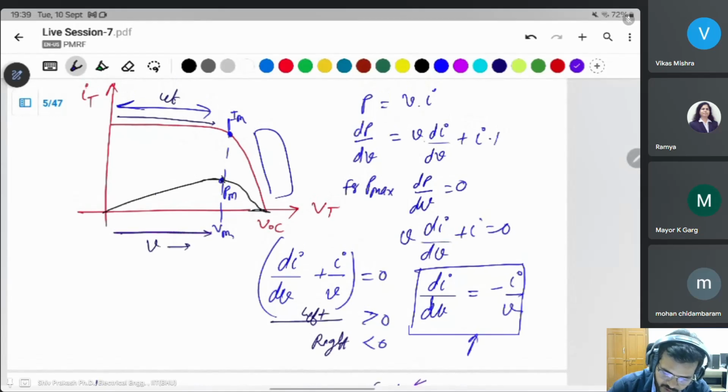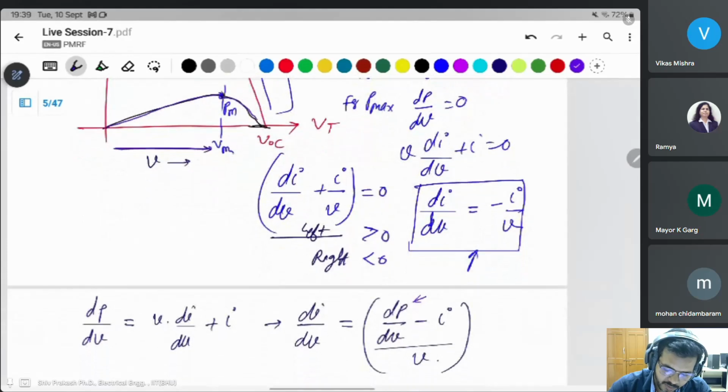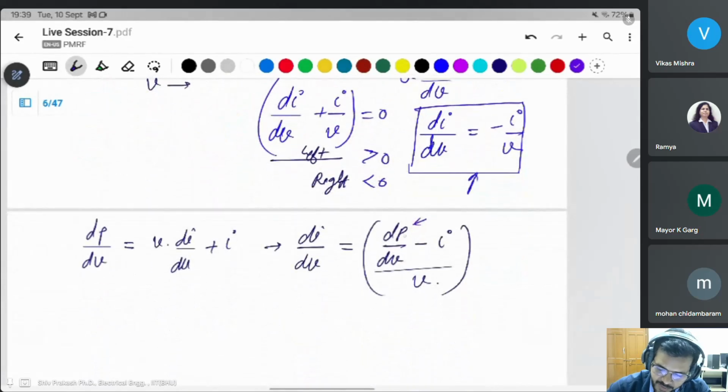From here to here the voltage increases and power also increases at the left side, but at the right side voltage increases but power reduces. At the left side both are increasing, so this will be a positive value.